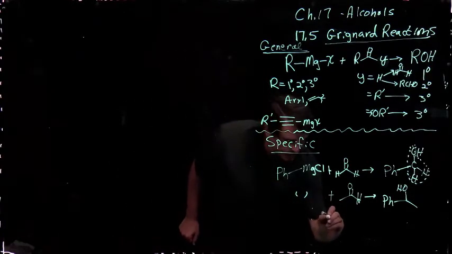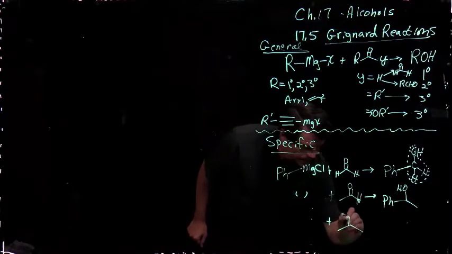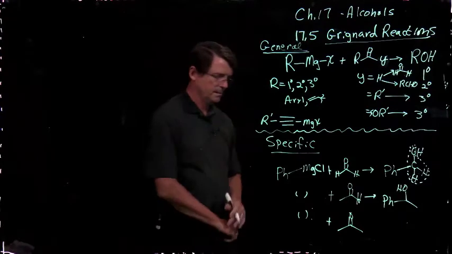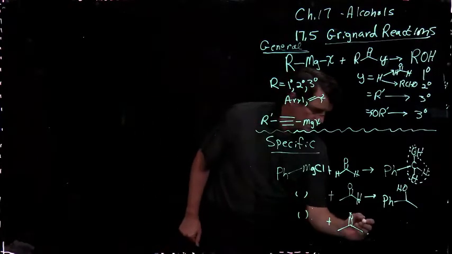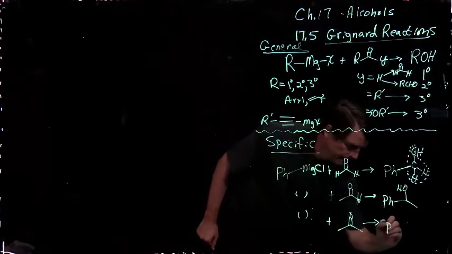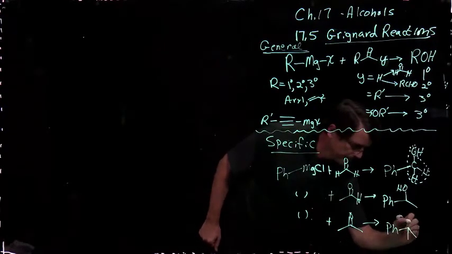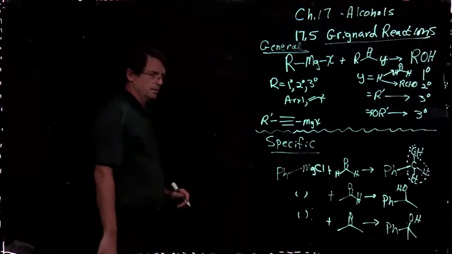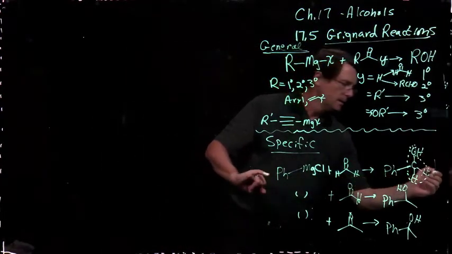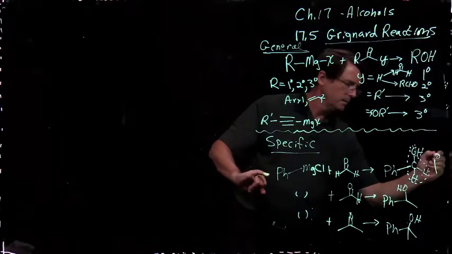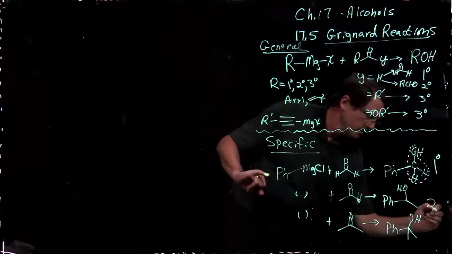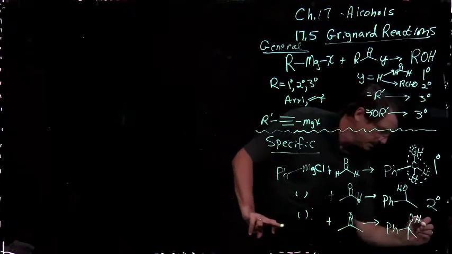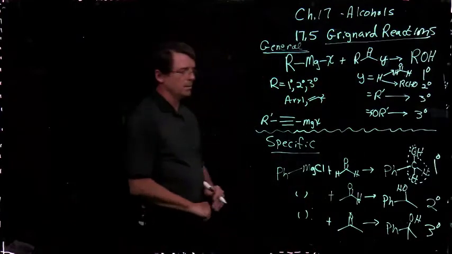And if we react it with a ketone, we'll take something simple here for illustrative purposes today, again with the same Grignard, we get a tertiary alcohol. So with formaldehyde, we can produce a primary alcohol. With any other aldehyde, we produce a secondary alcohol, and with ketones, we produce tertiary alcohols.